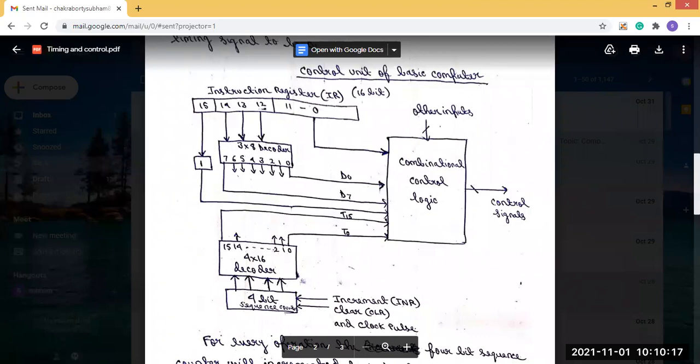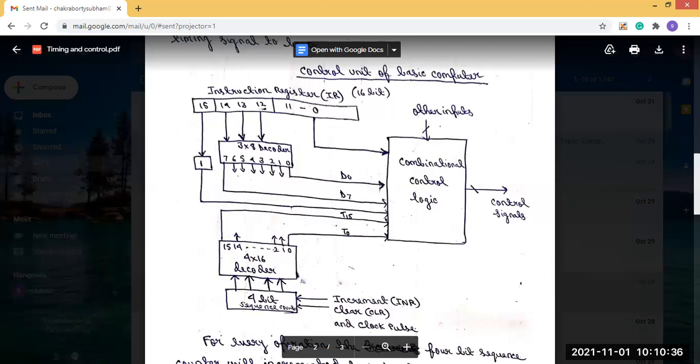There is the 15th bit, which will be either 0 or 1. 1 means indirect addressing mode, and 0 means direct addressing mode. This 1 or 0 goes to the combinational control logic again.